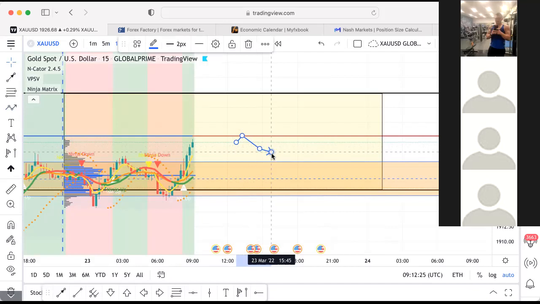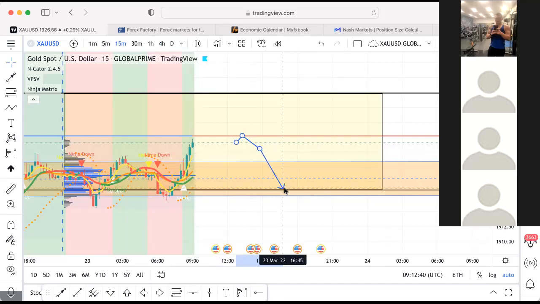The first option is that price is going to hit the red line and reject from it, and start making its way back, possibly all the way down to there.